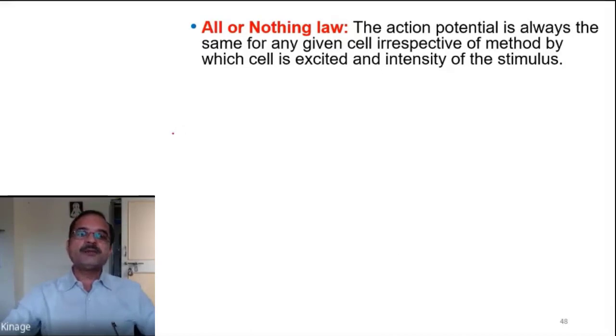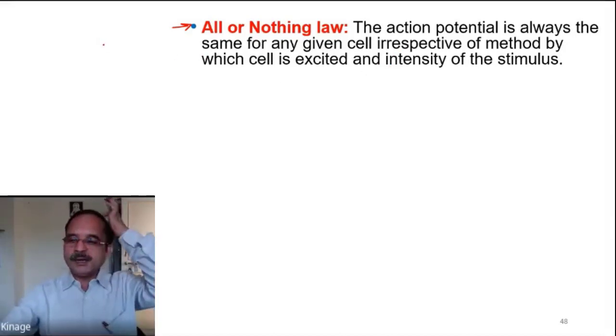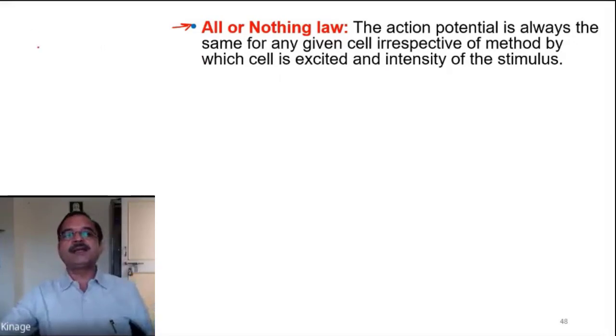Now let us see some of the terminologies associated with this electrical activity. This we already discussed, the all or nothing law. That means the action potential is always the same for any given cell, irrespective of the method by which the cell is excited and the intensity of the stimulus. So we have seen earlier, when the cell is excited, one cycle of this action potential happens.